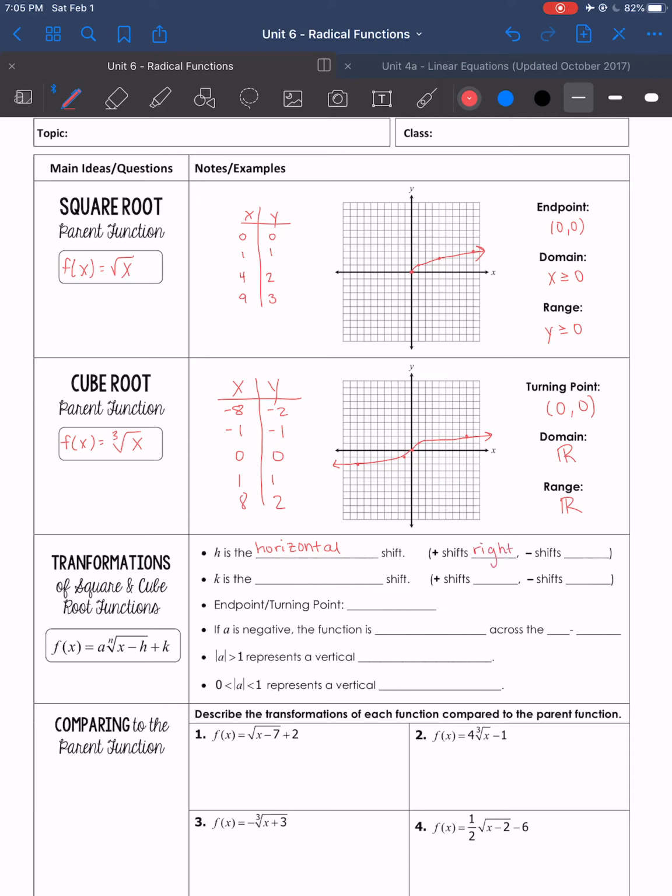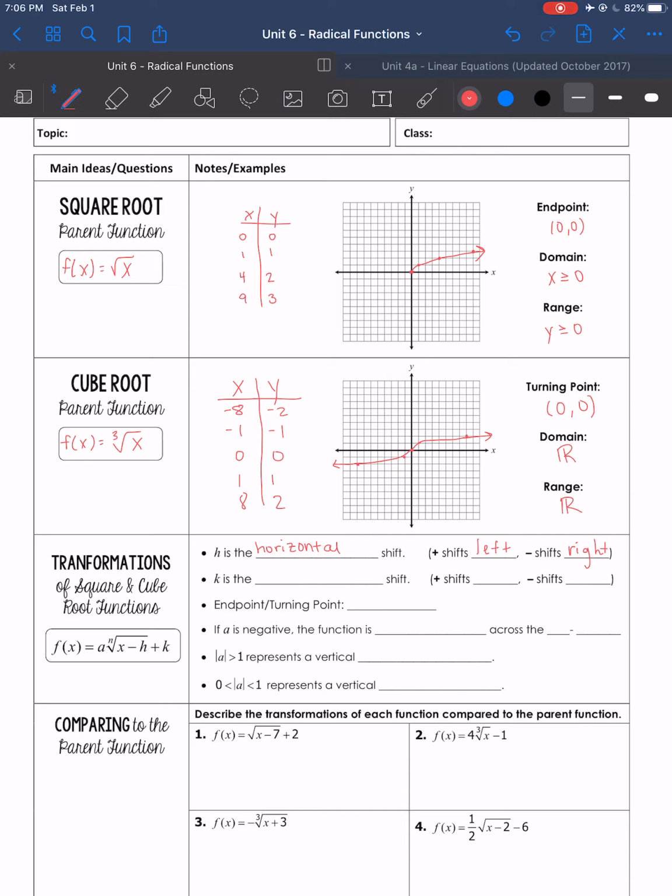I think I said that backwards, but that's what I mean. I wrote that backwards, I said it correctly. Sorry. So plus shifts it left and negative shifts it right. I'm sorry that I messed that up.